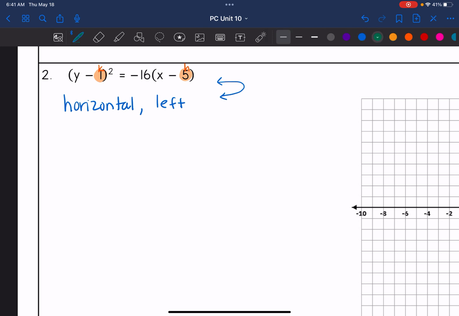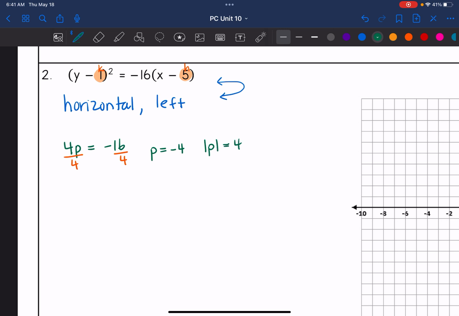So we have that 4P equals -16. If I wanted to solve for P, I would divide both sides by 4. And that gives me that P equals -4.